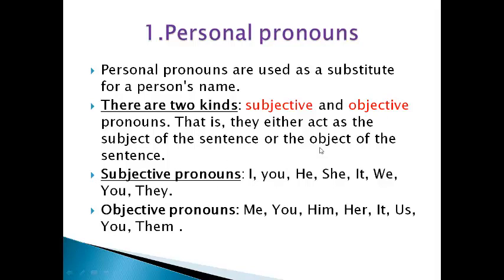Here these pronouns are used as subjects, and these pronouns are used as objects. Generally we don't use these objective pronouns in place of the subject, at the beginning of a sentence. But these subjective pronouns we use at the beginning of a sentence and in the middle of the sentence also. That is about personal pronouns.